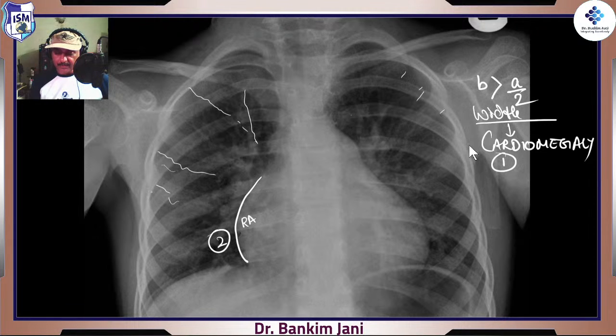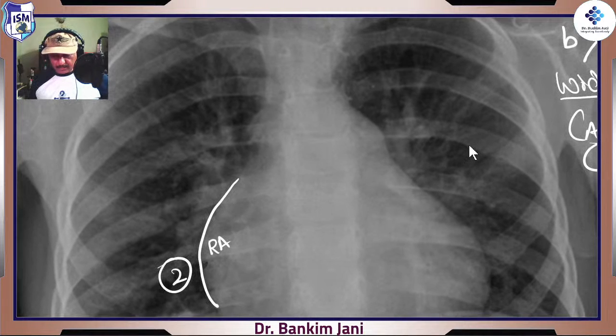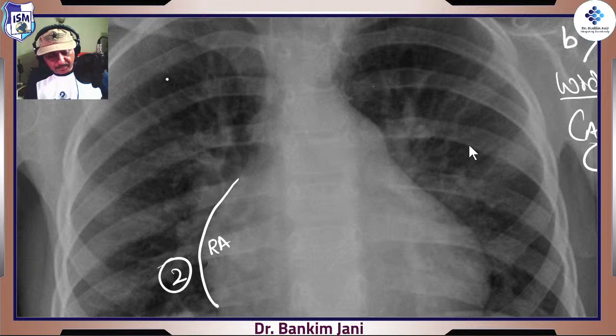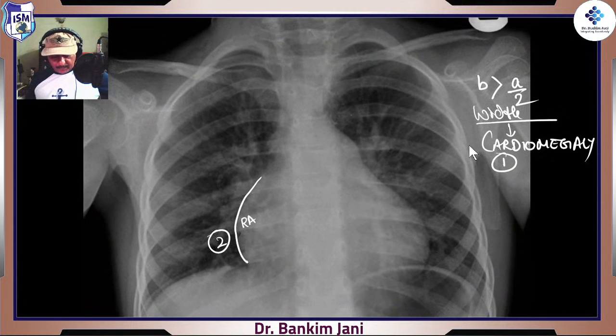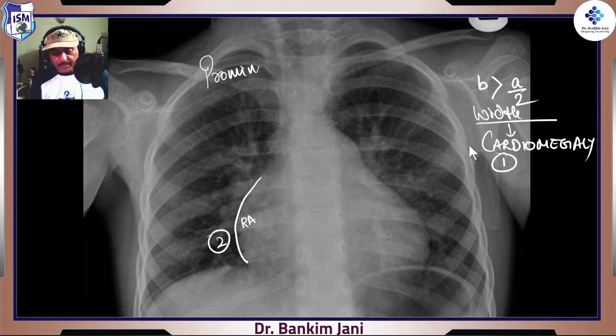To appreciate it much better, I'm erasing it and I'll zoom it so you can see it. Can you see? Watch this area. So that's the meaning that there are prominent pulmonary vascular markings.